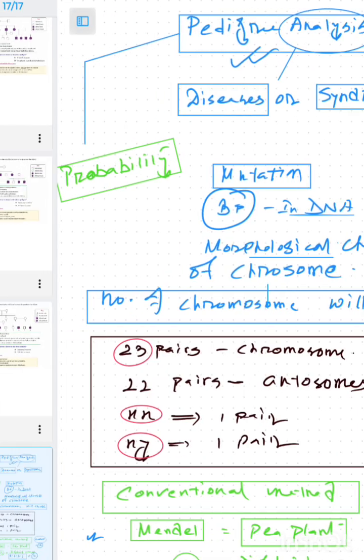Now let's see another thing. What will happen if the number of chromosomes changes? I think, as it is the chapter ending part, you may have heard the two terms aneuploidy and euploidy.